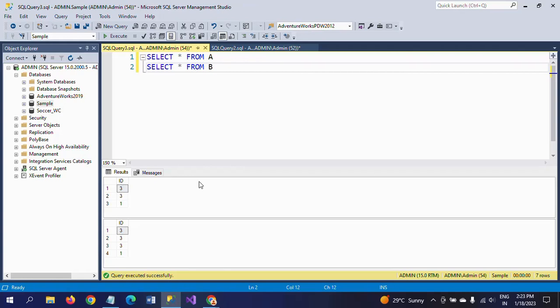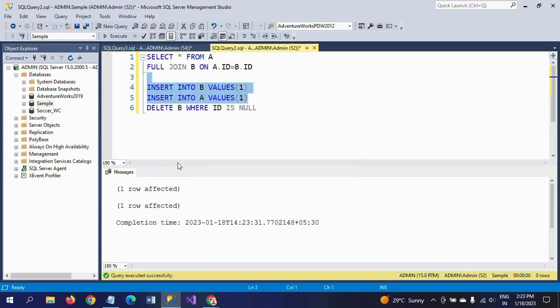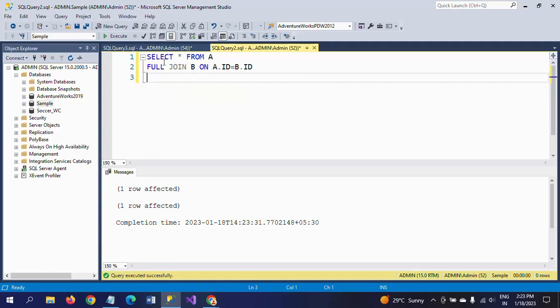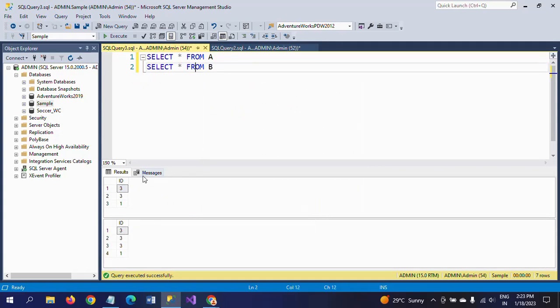Now if you apply the inner join and all these joins on these two tables, first I am applying the inner join. How many records will appear? 3 into 2 matching records, 3 values into 2, that is 6, and 1 into 1, that is 1.